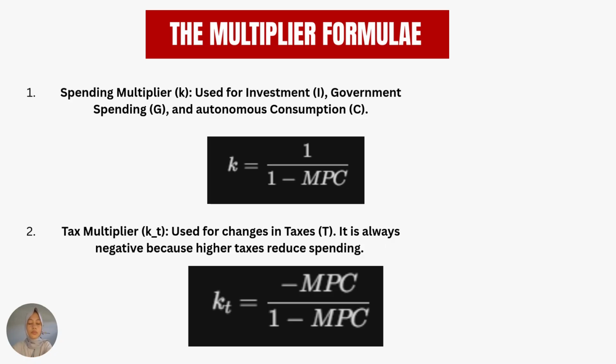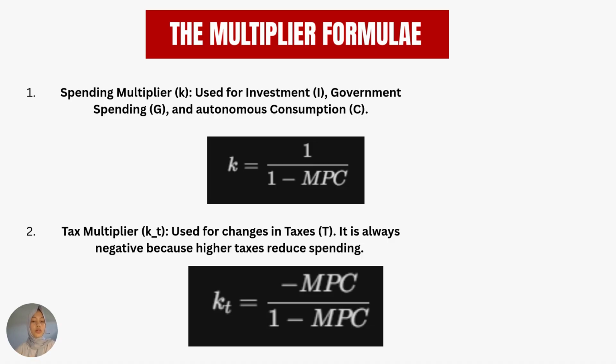Before we go to the problem, we must first know the formula. These two are the multiplier formulas. The first one is the spending multiplier, or you can say key. This one is used for investment I, government spending G, and autonomous consumption C. So here is the multiplier.